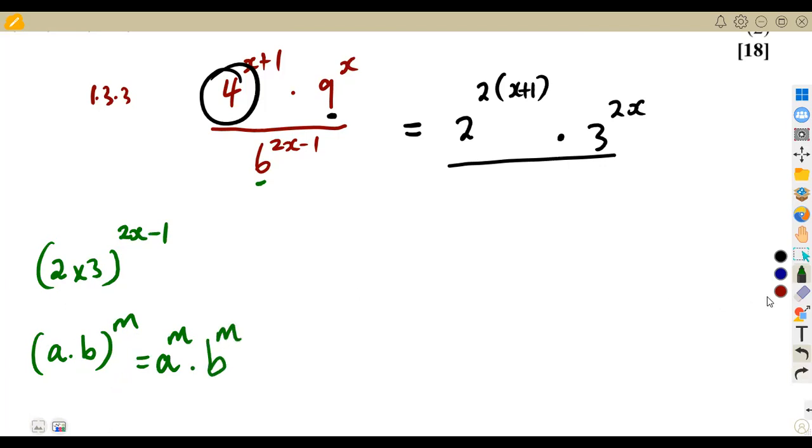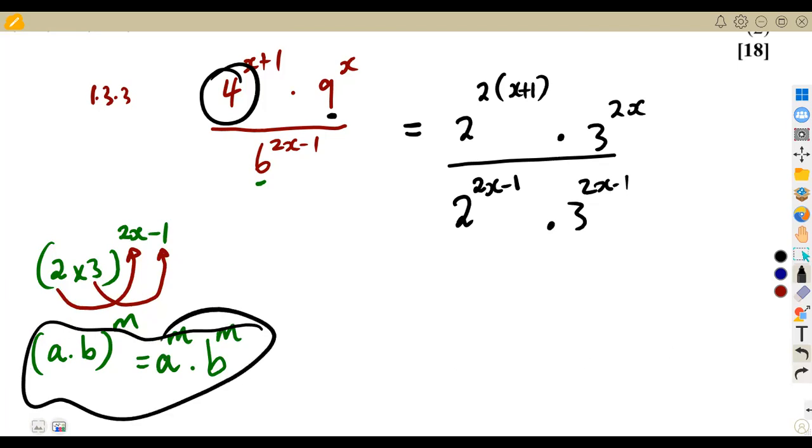So if I have a condition like this, it means I'm going to raise 2 to the exponent of this, 3 to the exponent of this. Every term is going to be raised to the exponent of 2x minus 1. So I'm going to have 2 to the exponent of 2x minus 1 multiplied by 3 also raised to the same exponent, which is 2x minus 1. That is from this law.